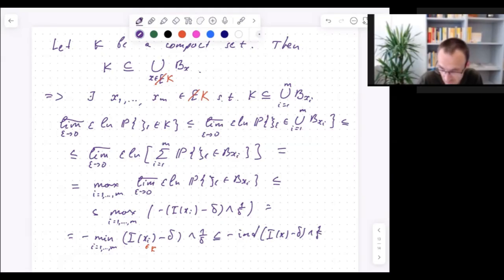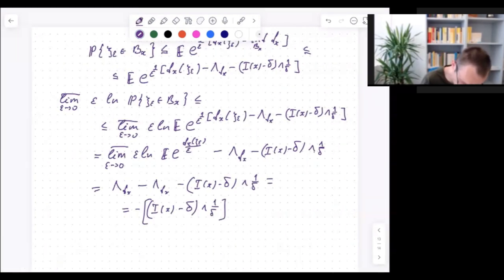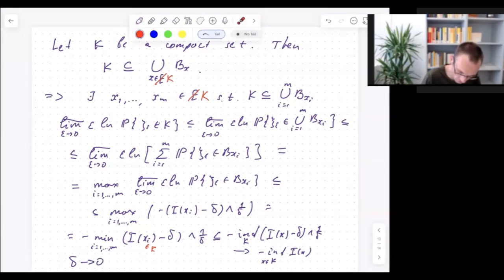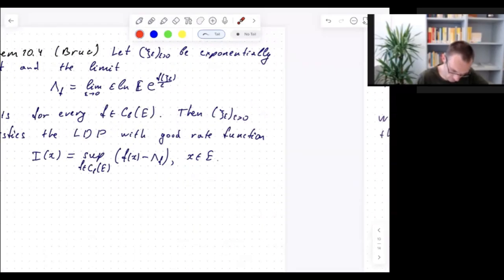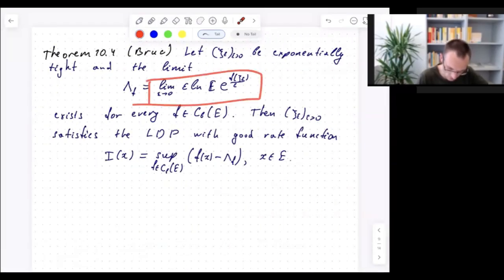And then when delta goes to 0, we get that this goes to minus the infimum, also here, I'm sorry, it should be K, infimum over K of I of x. And this is how we get the upper bound for compact sets, just using the upper bounds for balls, which we obtained via the fact that we know what this limit is.